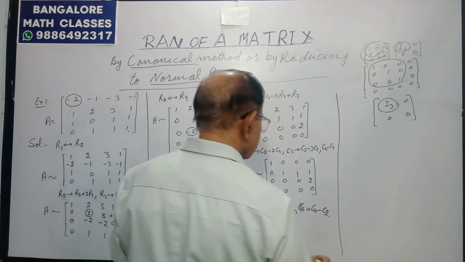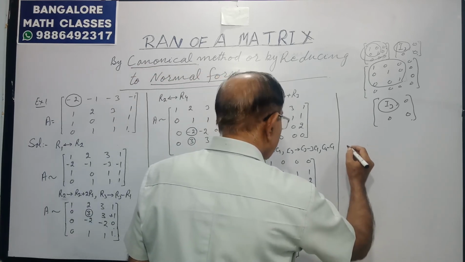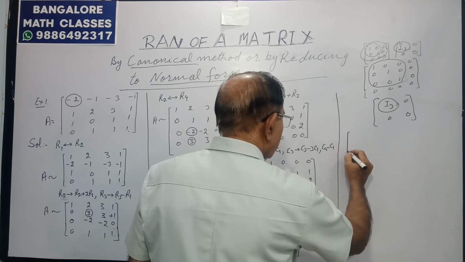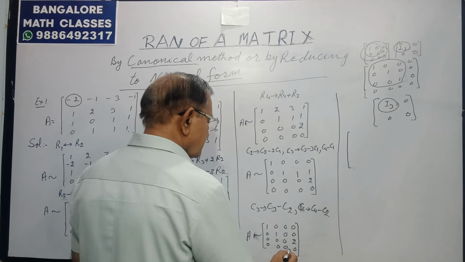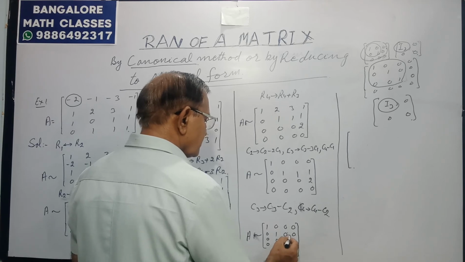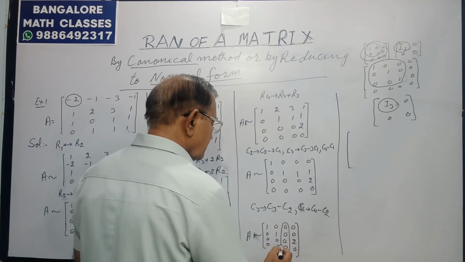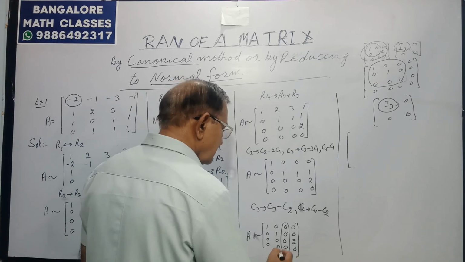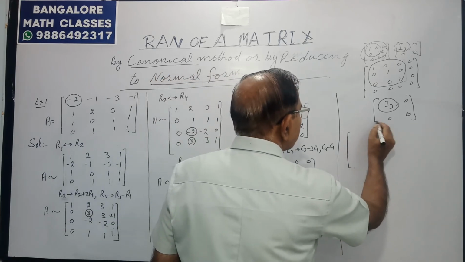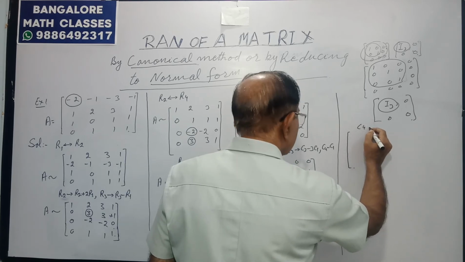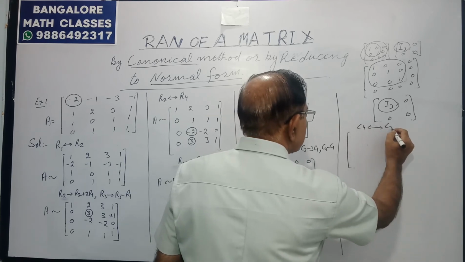Now see carefully, this row is with 0, 0. This column is with 0, 0. Interchange it with C4. That is, interchange C4 and C3.